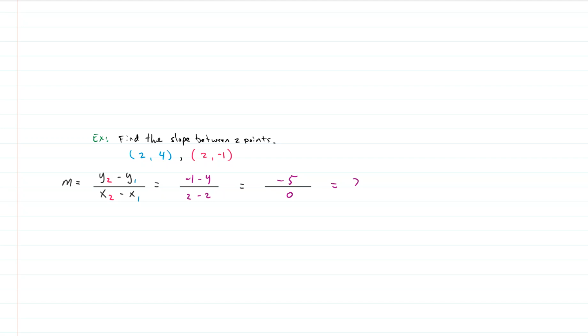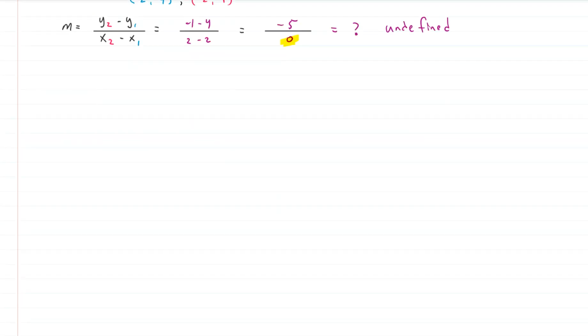What does that give us? We have a 0 in the denominator. That's a big problem. That can never happen. So this is actually undefined. So we have change in the vertical, but we don't have change in the horizontal. So that looks like a vertical line.